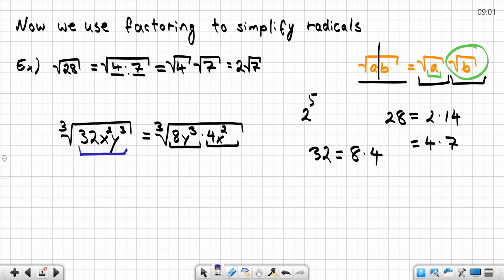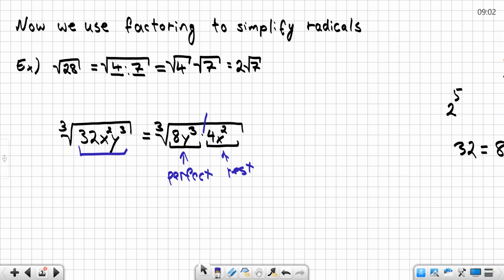Nothing really changed. This is still 32x squared y cubed, but this one right here are perfect cubes, and this right here is just the rest. And what I will do now in my next step, I will now take my radical and I cut it up right there.